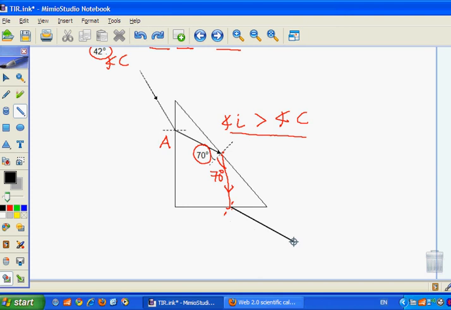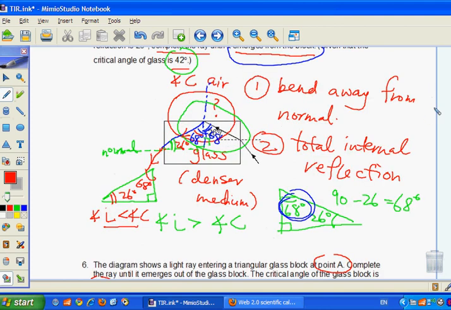It's a mirror image of what we see on the other side. Okay, and we can end it off with an arrow pointing up. That's all for question 6.